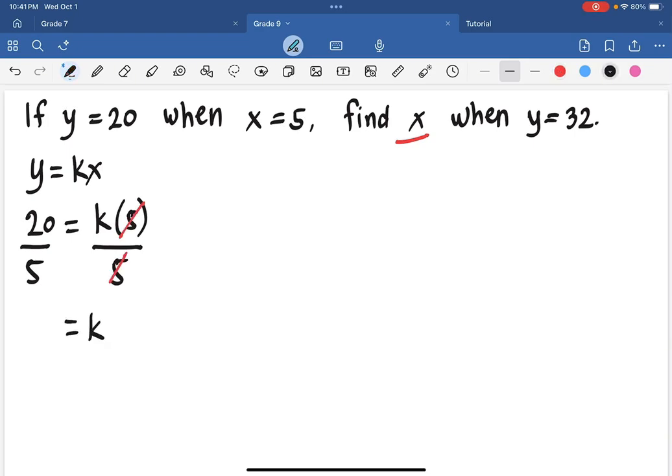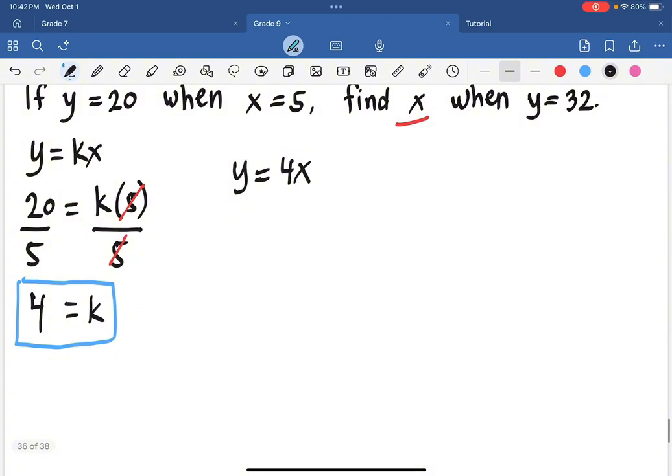Now 20 divided by 5 is 4. So the value of k is 4. Now since we know that the value of k is 4, we can now write the equation of this one. So we have here y equals 4x.